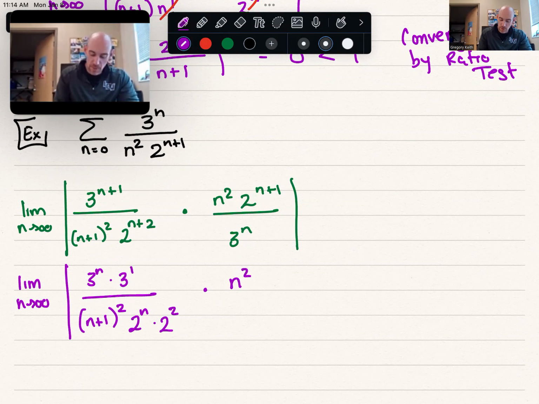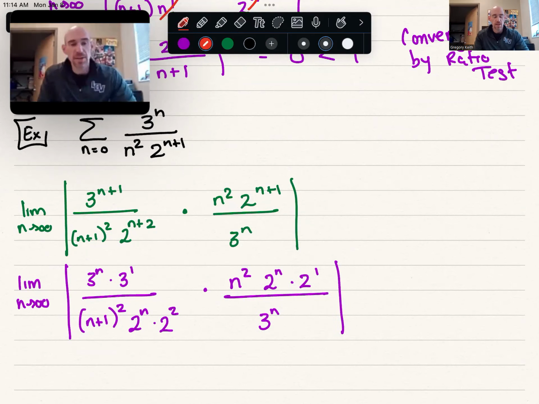I'm going to break this apart into 2 to the n times 2 to the first, and 3 to the n. But now I can start canceling all my stuff out here. So let's take out 3 to the n. That's gone. Let's take out 2 to the n. That's gone.